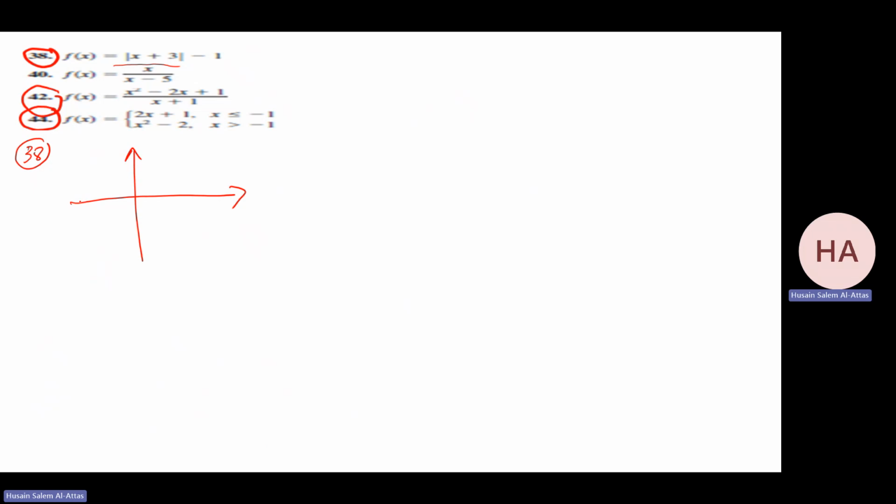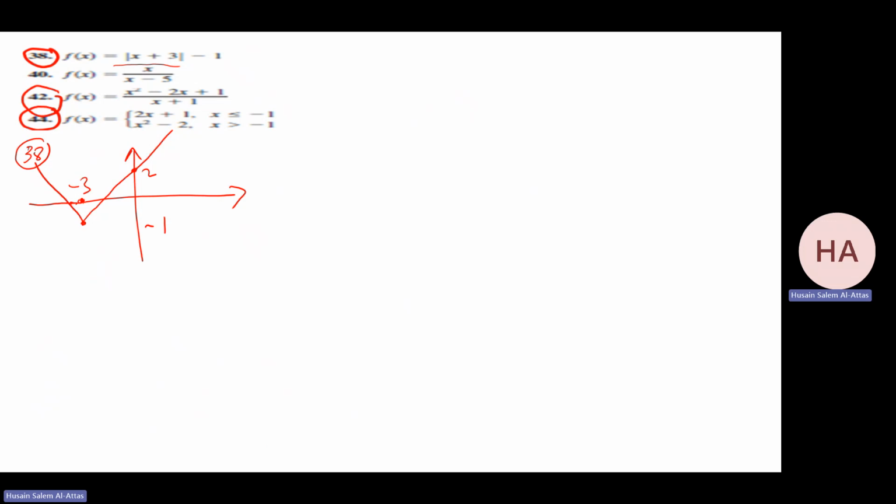It will be at -3 and going down to -1. This is -3. And the function at 0, it's 2. So it will do something like this. And this is 2. But I know the graph of the function, I know everything.